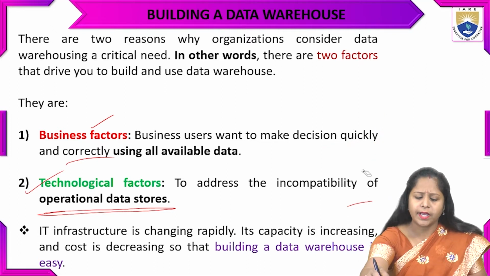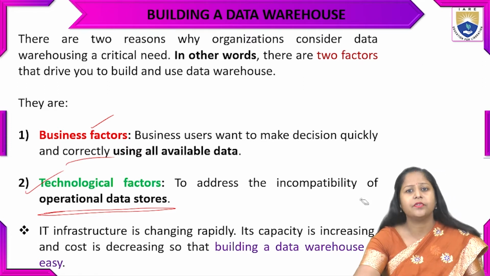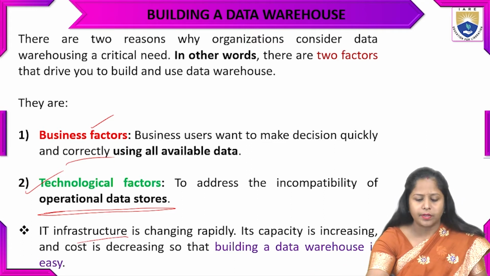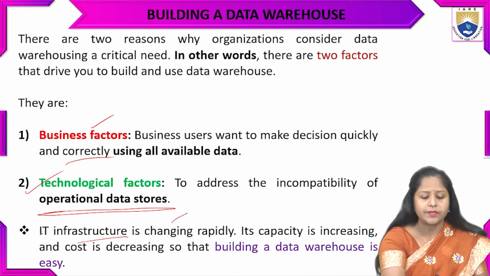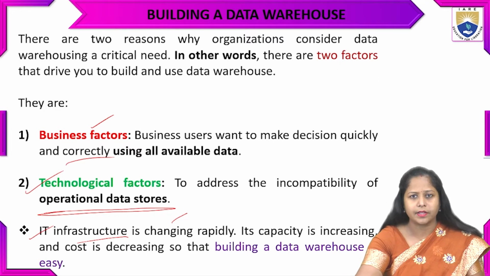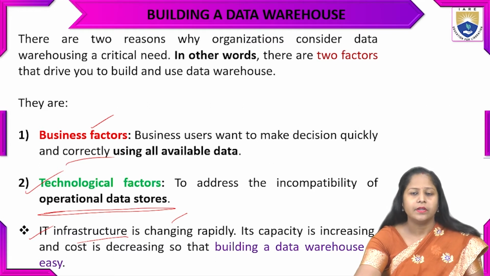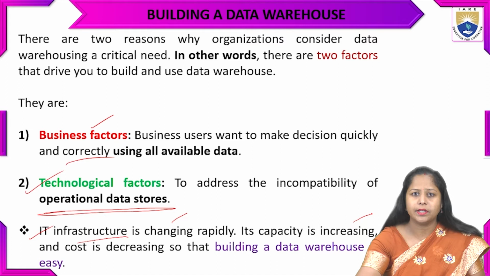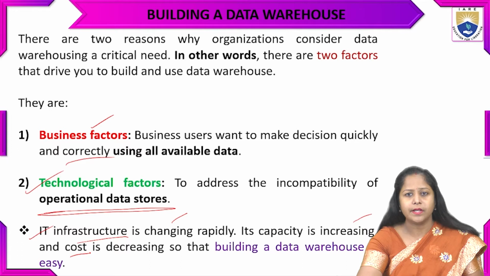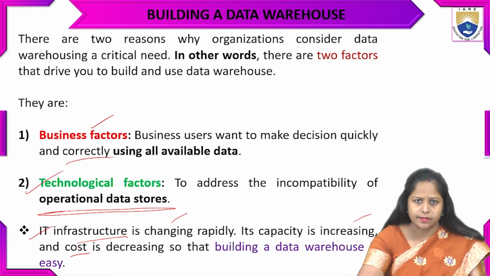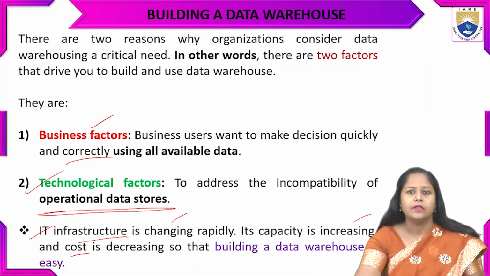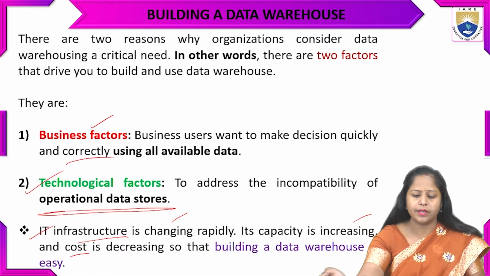For that, IT infrastructure will be needed, and we know that it is changing very rapidly. So the capacity also increases, and the cost will also increase, as will the time. So that we have to build the data warehouse.